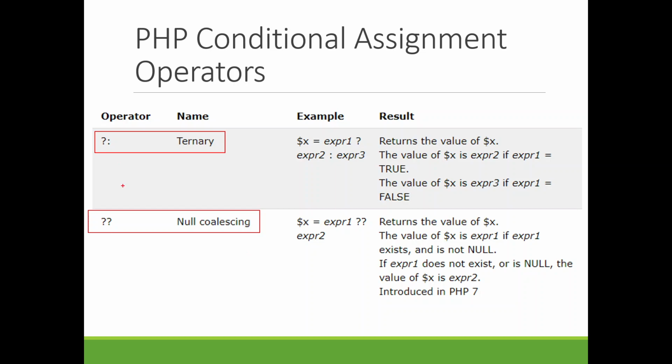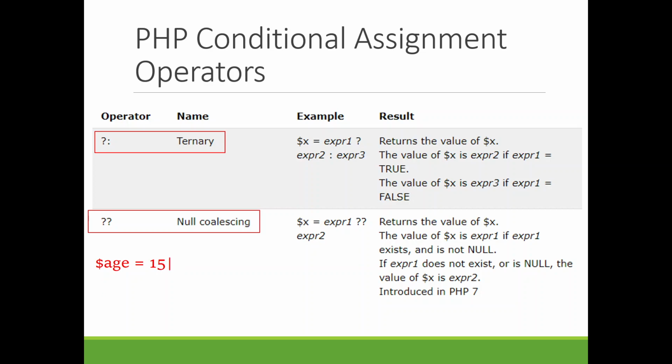Now the ternary operator normally has an expression, then a question mark, then something. Let me just give an example. We have a variable called age, and we assign it the value 15.